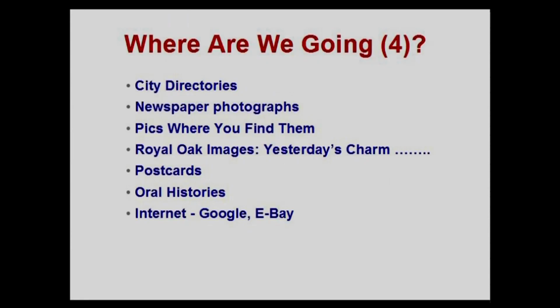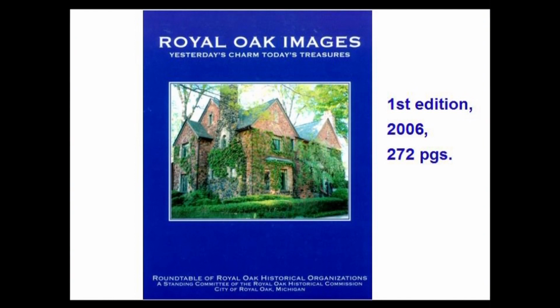What we're going to do today is to talk a bit about city directories. I'll talk about newspaper photographs, and pics where you find them. This is kind of pictures, usually old pictures that you might find in the most unusual places where you're not expecting to find them. I always carry a camera with me in case I find something, either to take a picture of something as it is in real life or take a picture of a picture that I find that's particularly interesting.